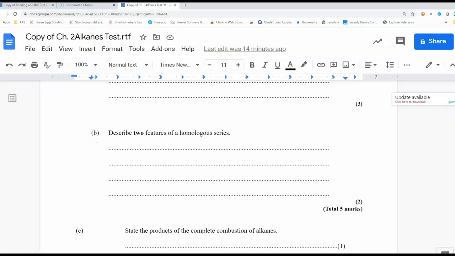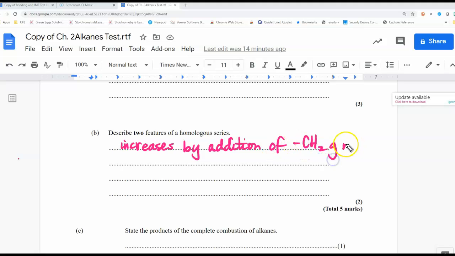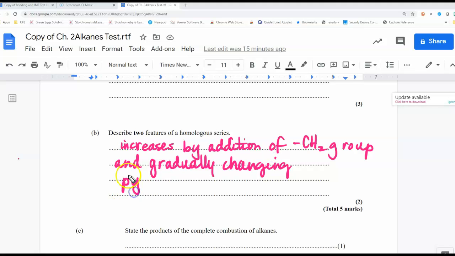Describe 2 features of a homologous series. The 2 most common features are increases by the addition of a CH2 group and gradually changing physical and chemical properties.